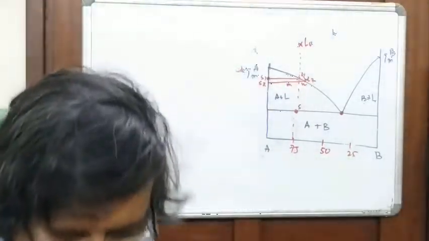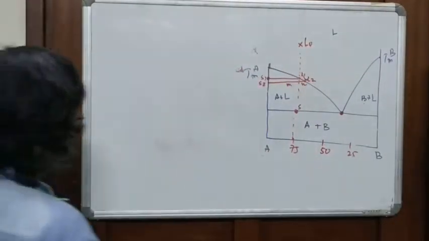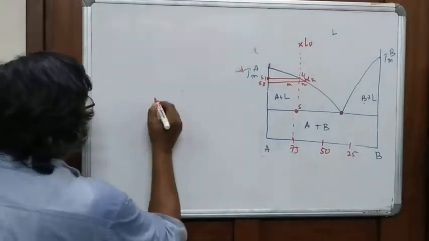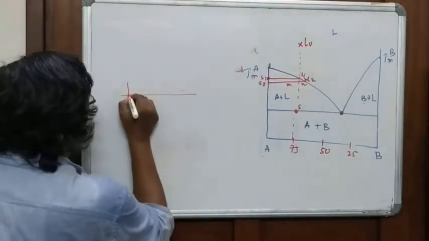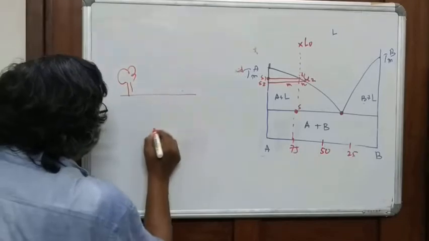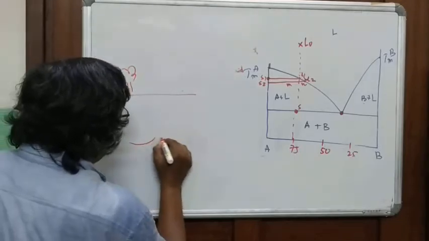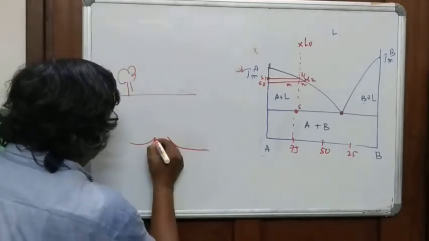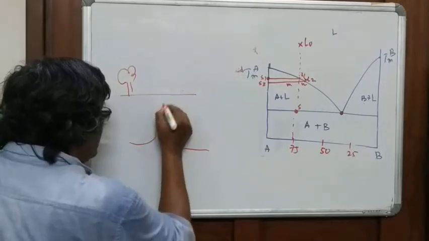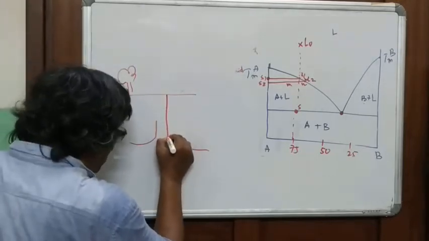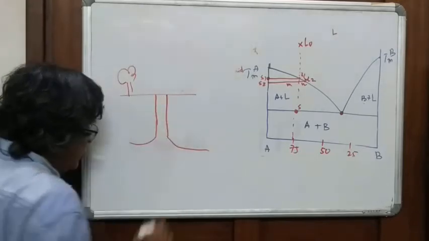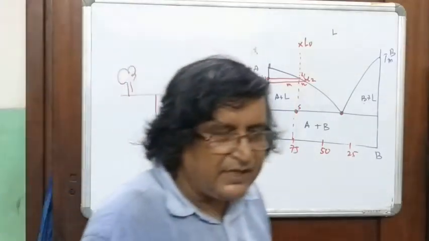Sometimes what happens, say for example, this is the Earth's crust, and a magma body is below and it is entering through a conduit. Say not very fast, but let's say it's slow.